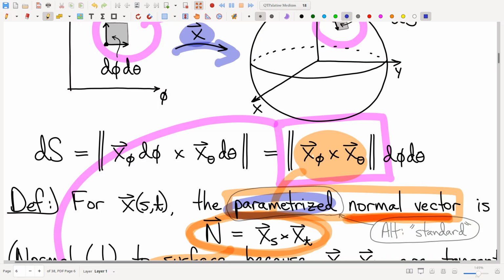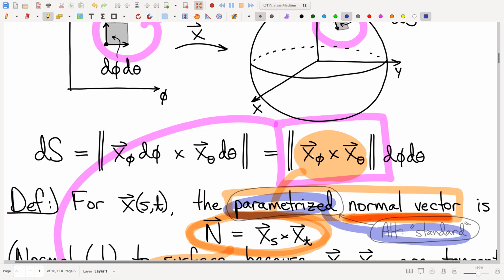Now, that said, the book chooses a different name. The book calls this the standard normal vector. I think that's confusing. Let me tell you why I think that's confusing. Standard makes it sound like there's something about it that's intrinsic to the surface. And again, very importantly, it's not intrinsic to the surface. We got this from the parameterization.